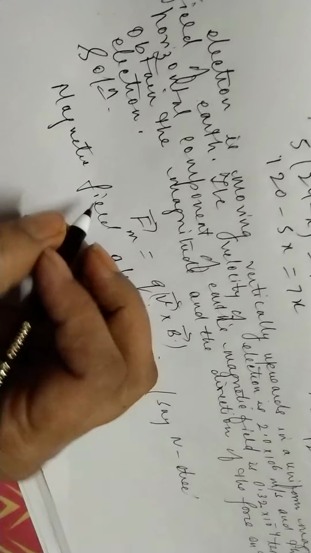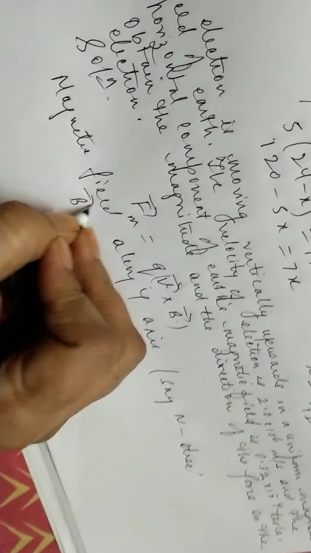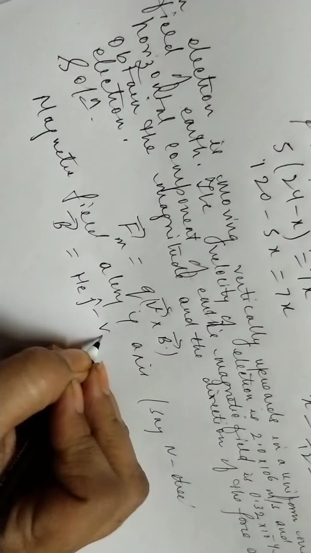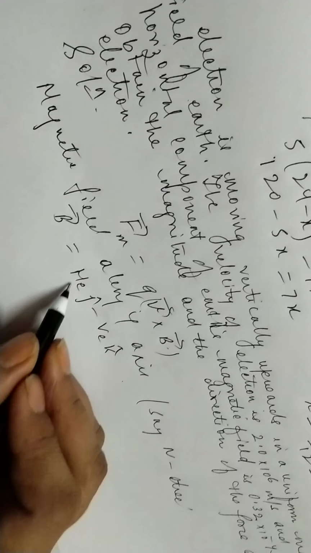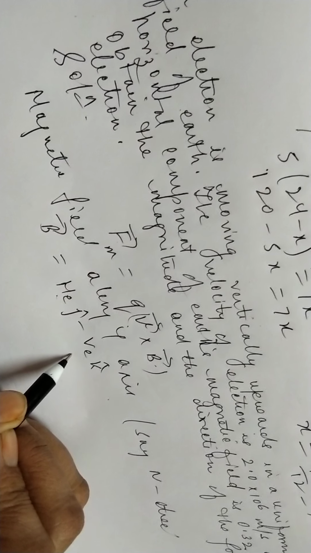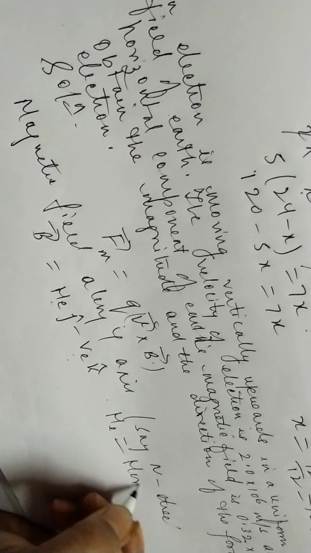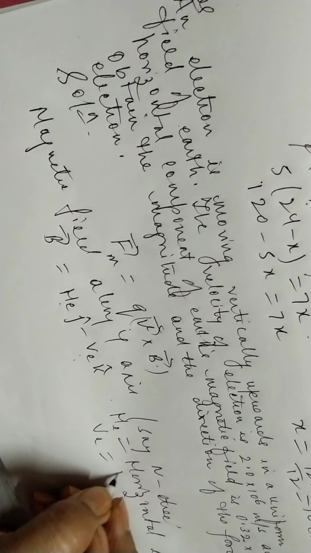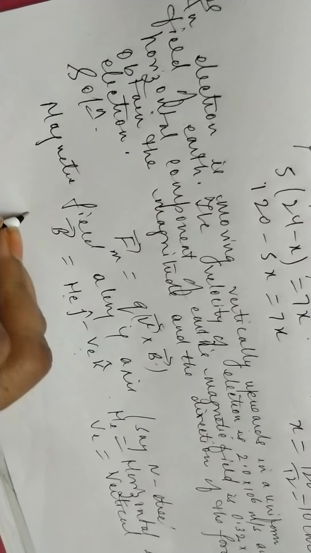So what we are getting? We can write the B vector as equal to H_E j caret minus V_E k caret. H_E is the horizontal component of the Earth's field and V_E is the vertical component of the Earth's field. Now in this case we have got the F vector.